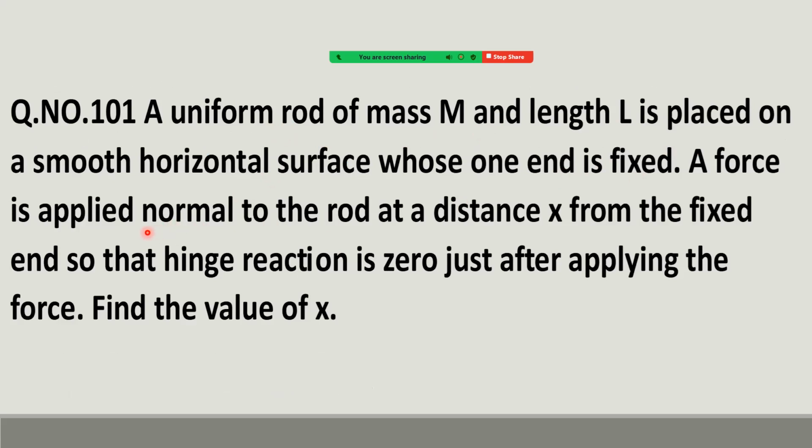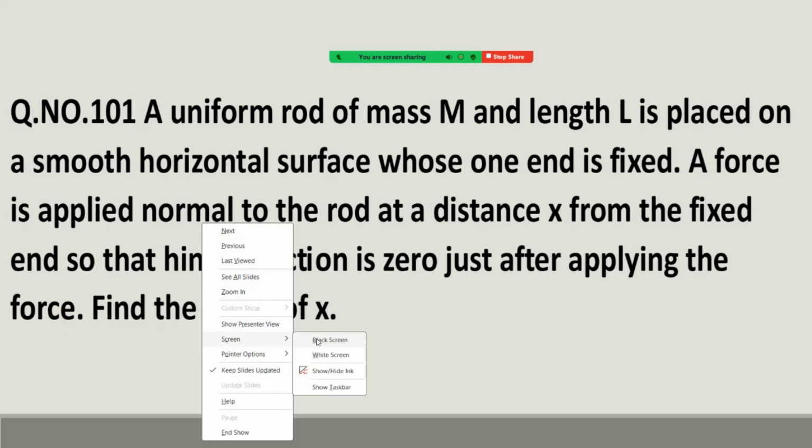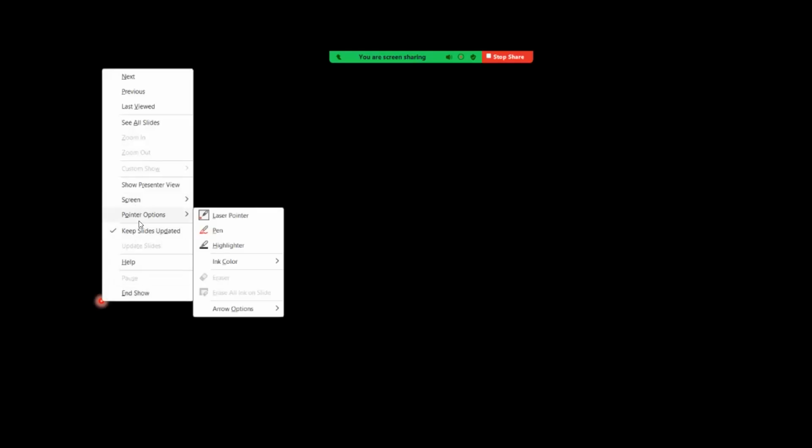A force is applied normal to the rod at a distance x from the fixed end so that hinge reaction is zero just after applying the force. Find the value of x. Let us see. Let us make a diagram for the given data.